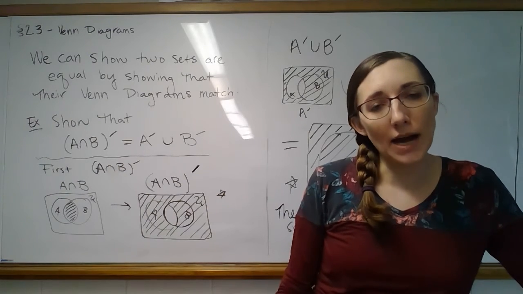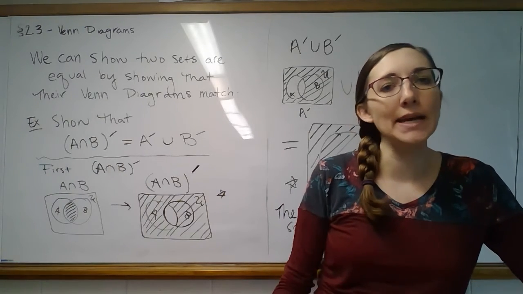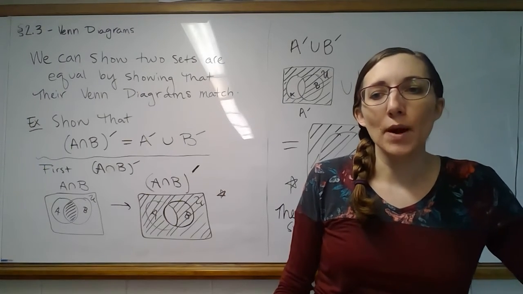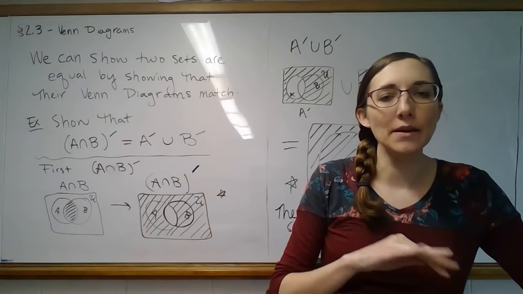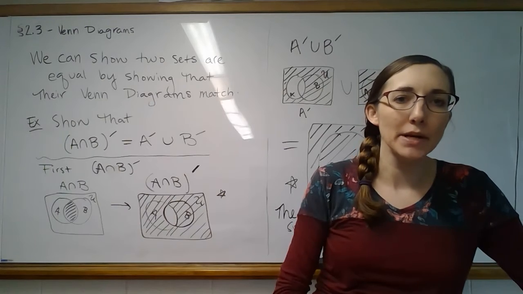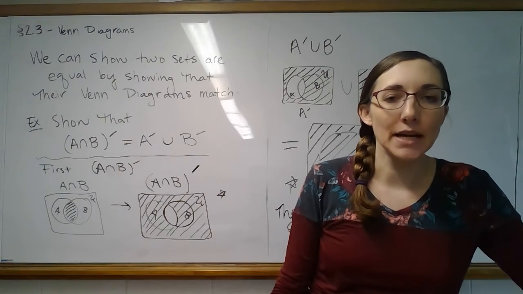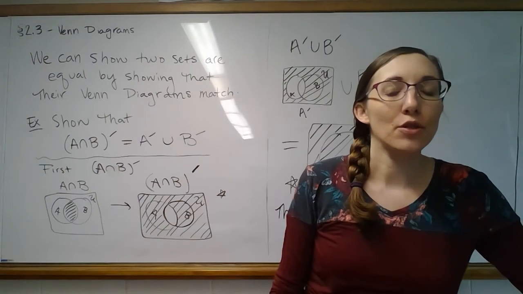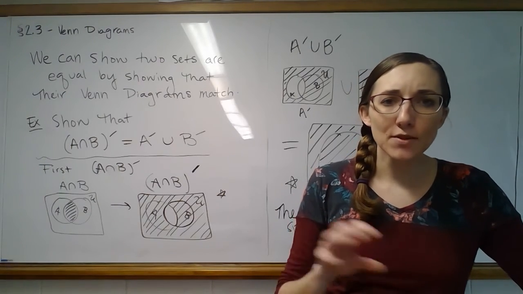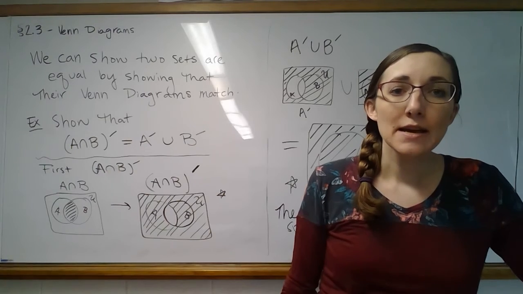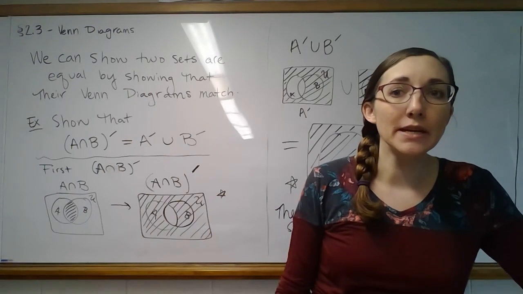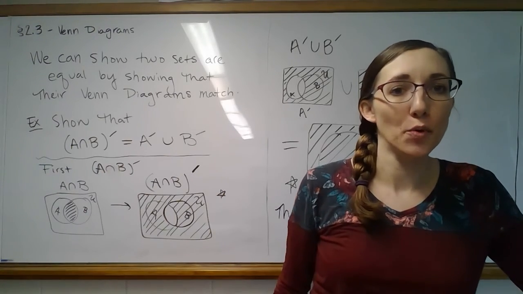And then we can ask all kinds of different questions about how many of the elements are represented in various combinations of our sets. So we're going to take a look at that example through your worksheet. So finish up those last two worksheet videos, and then you'll have wrapped up section 2.3.